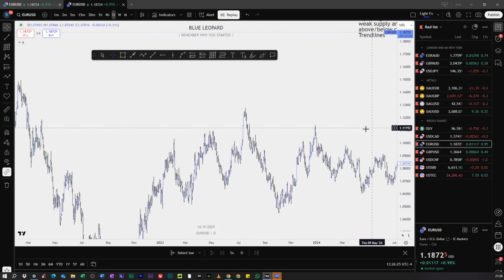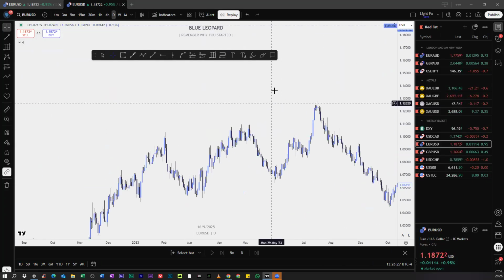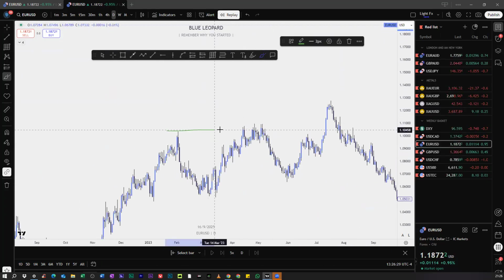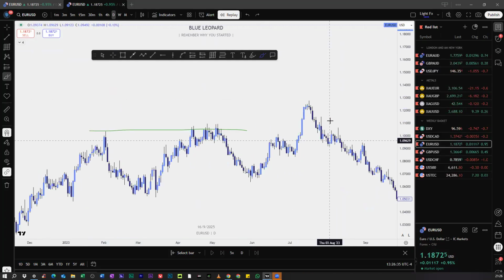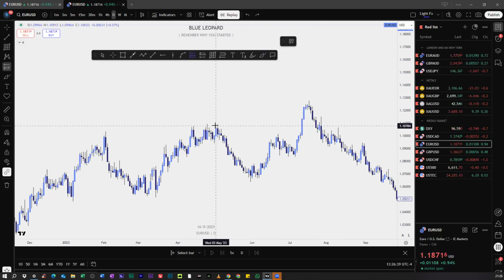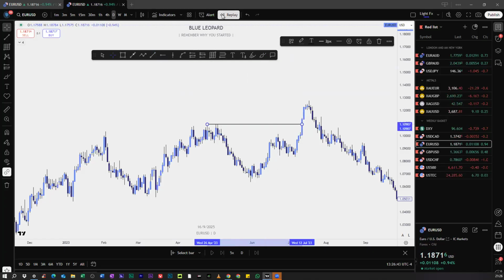Let me show you. Here, you see all these levels are equal, right? What did price do here? Price swept liquidity. Why do we call it inducement? Because people came here saying, as soon as price breaks here, I will start buying.